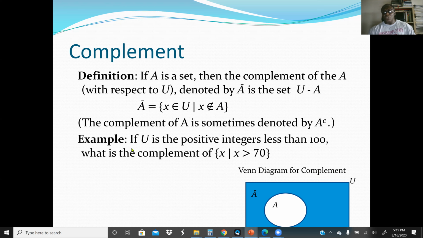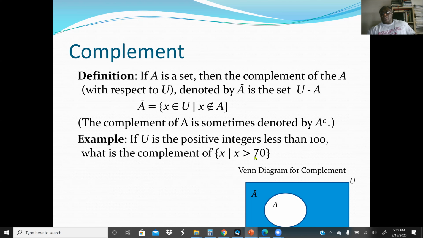So for example, if the universal set is the positive integers less than 100, what is the complement of x greater than 70? We know all the elements are less than 100. We go up to 99. Now, what is the complement of all the elements that are greater than 70?